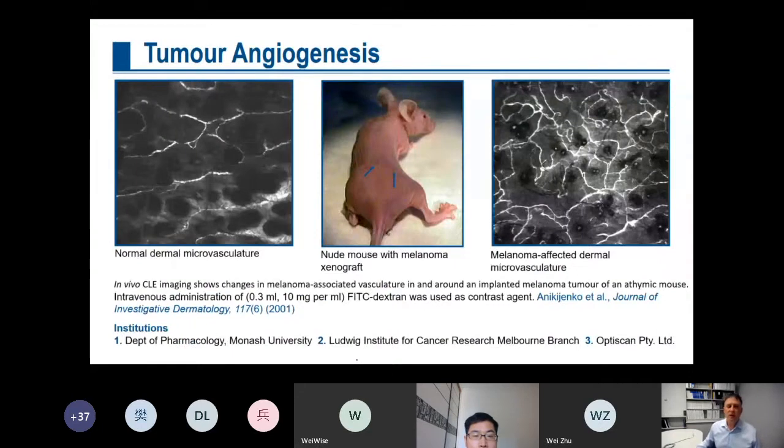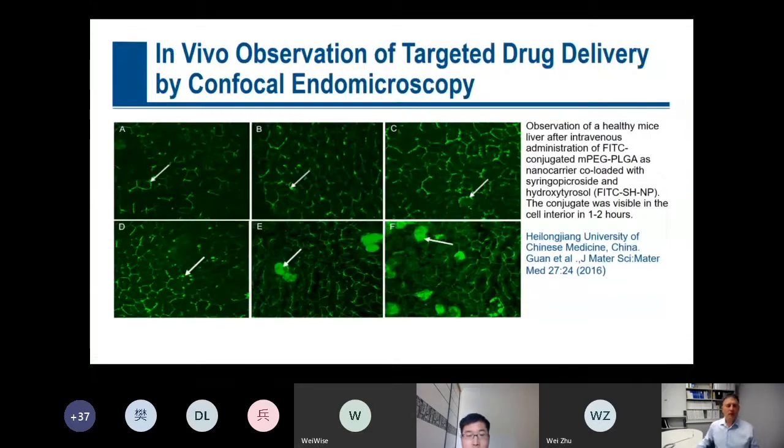In this study, endomicroscopy was used to image the proliferation of blood vessels in the skin of hairless mice, and you can see normal skin here and melanoma affected skin here. In this study, endomicroscopy was used to image drug delivery into liver cells by nanoparticles containing drugs and fluorescent dye.